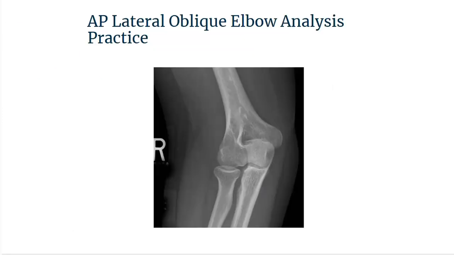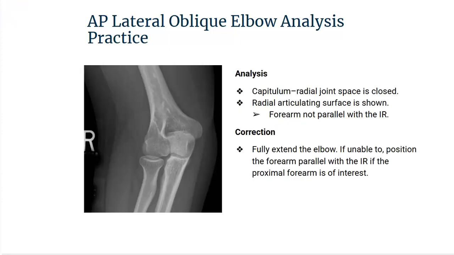Go ahead and review this practice analysis and answer the following question. So let's review this practice analysis together. First, we want to look at whether or not we obtain all of the anatomic structures that are required of the projection. This is an AP lateral oblique projection. We're looking for an open joint space, and we're looking for the humeral epicondyles to be at that 45 degree oblique.